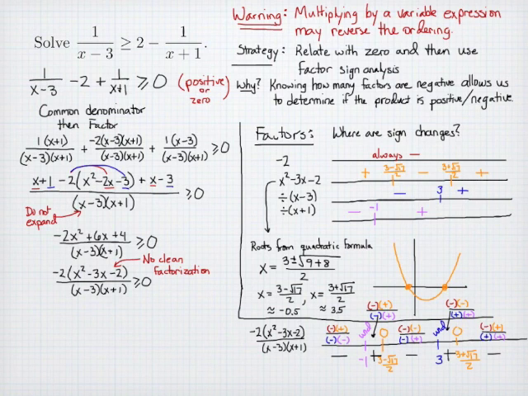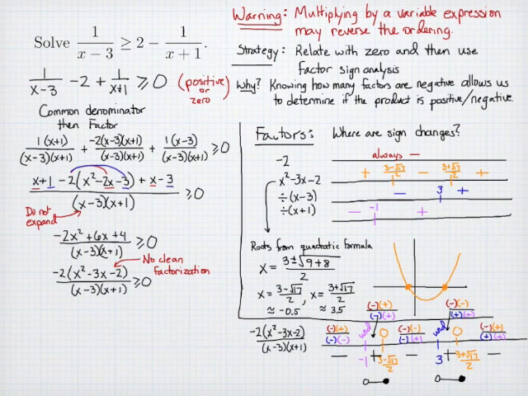My inequality wanted to know which values were positive or 0. So my solution will correspond to the intervals going from negative 1 to 3 minus the square root of 17 over 2, and from 3 to 3 plus the square root of 17 over 2. And I include the 2 points from the quadratic because those were the points where the curves intersected.